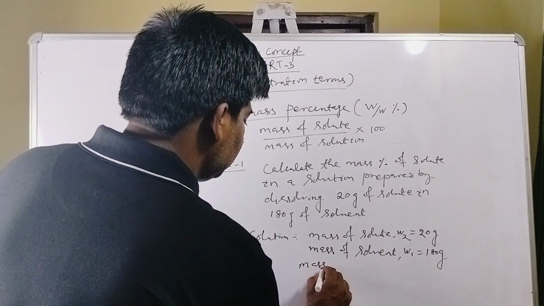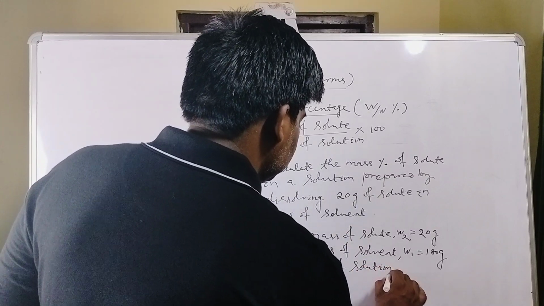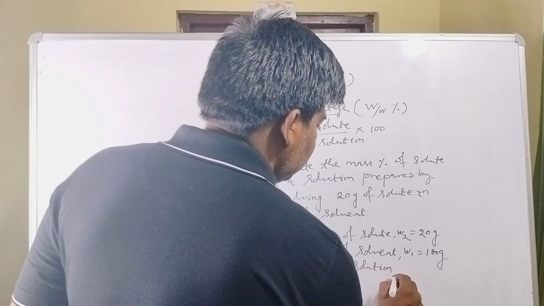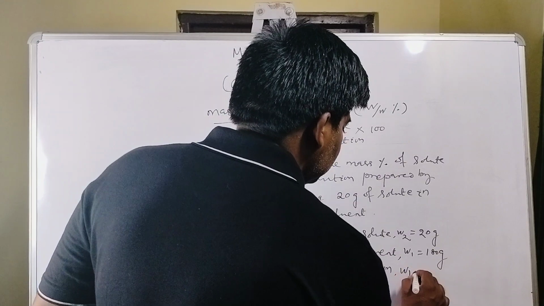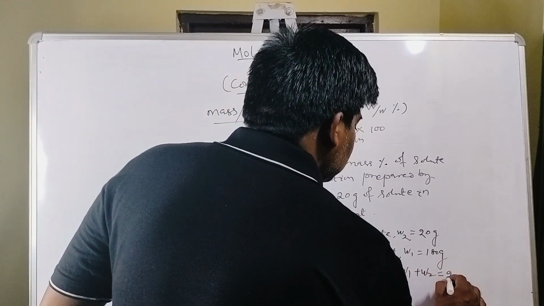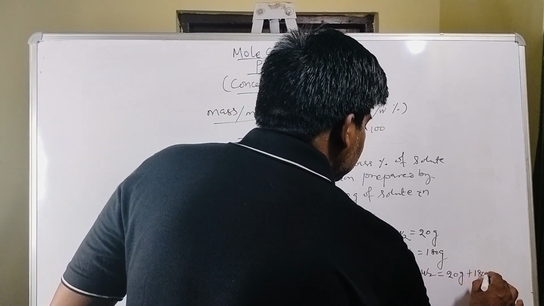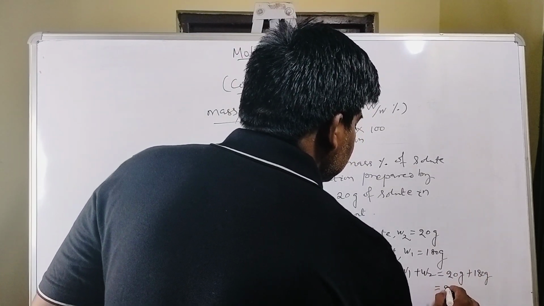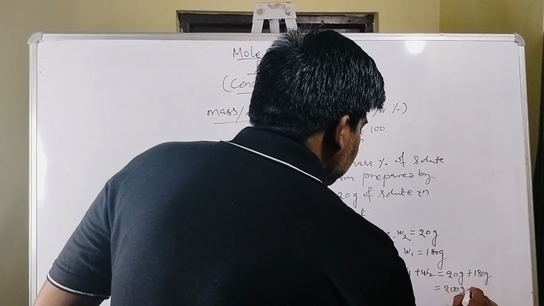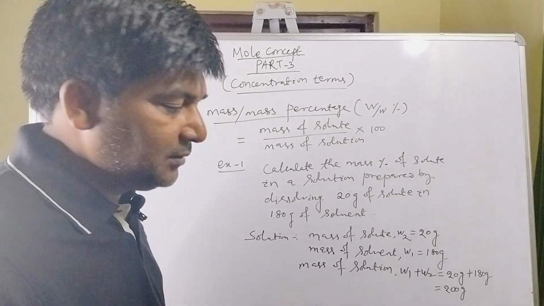So mass of solution is given by W1 plus W2, which is 20 gram plus 180 grams. That gives 200 grams. So total mass of the solution is 200 grams.